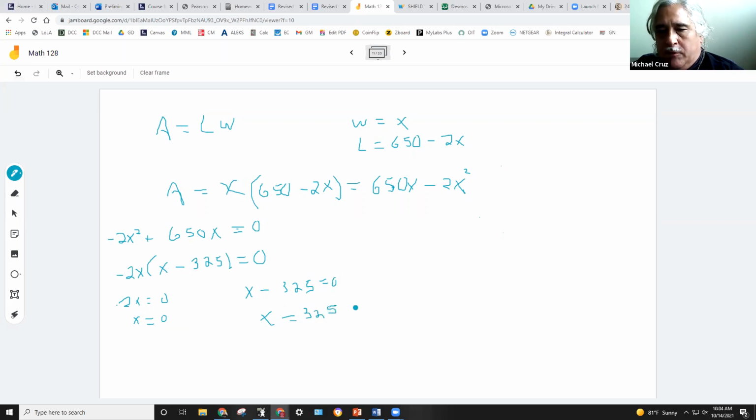And remember, this was W, that's the width. And then the length we find by... wait a second.